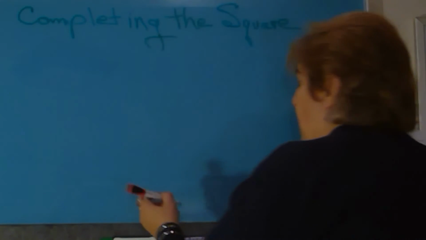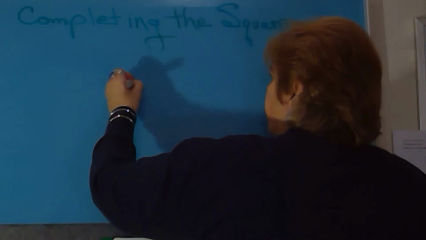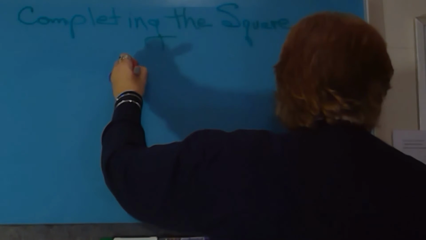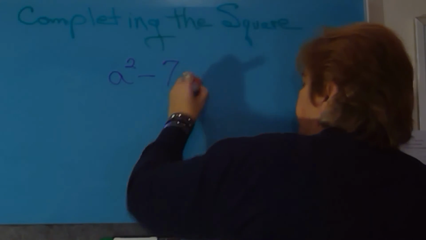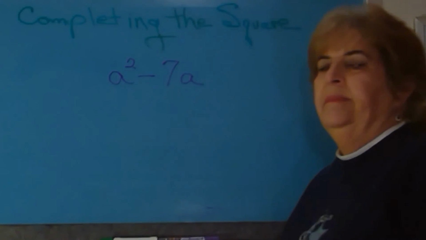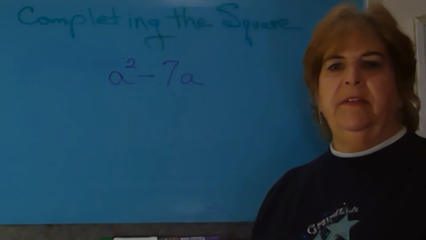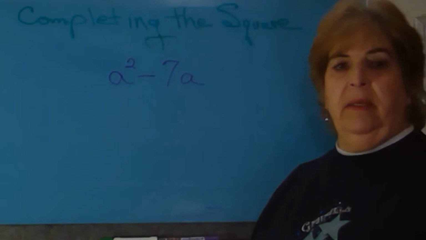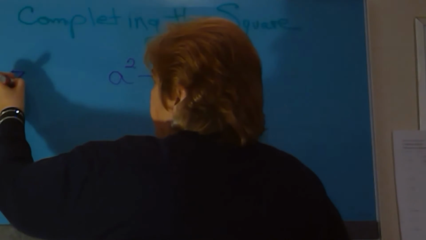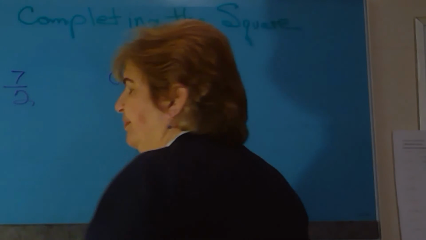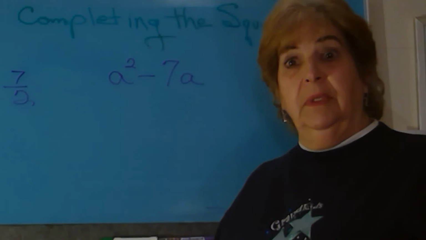What if we have a squared minus 7a? Don't let it confuse you that that's not an even number and you can't divide it by 2. Yes, you can. 7 divided by 2 is 7/2.